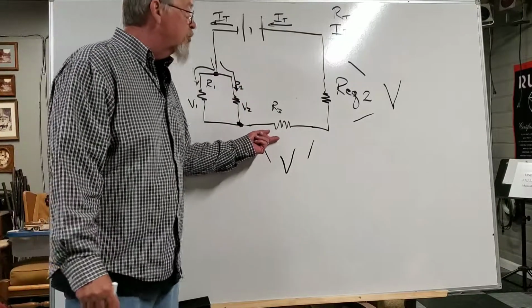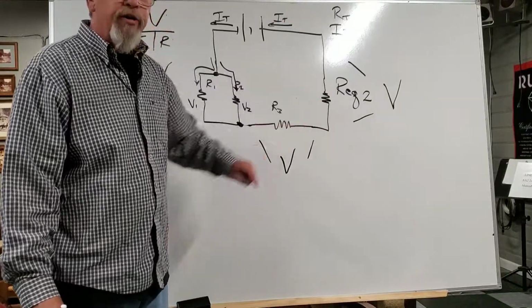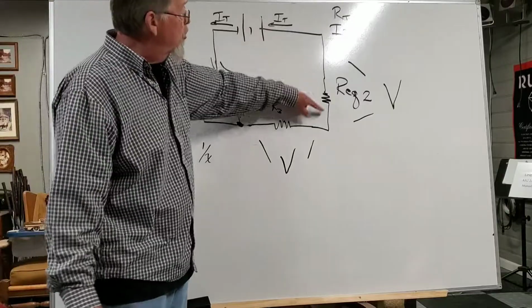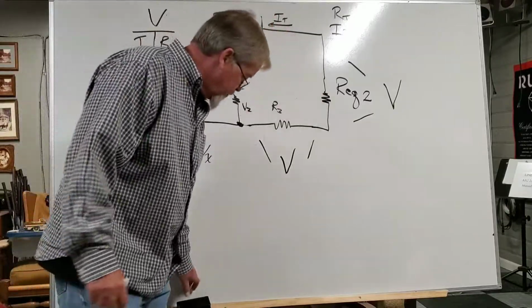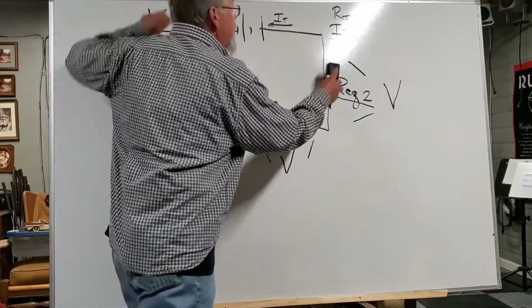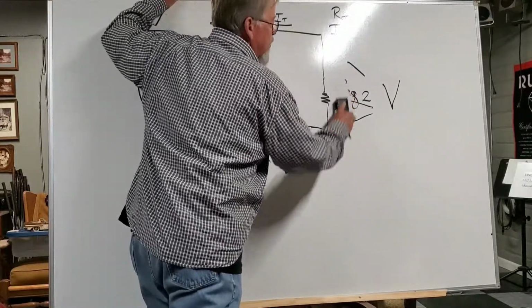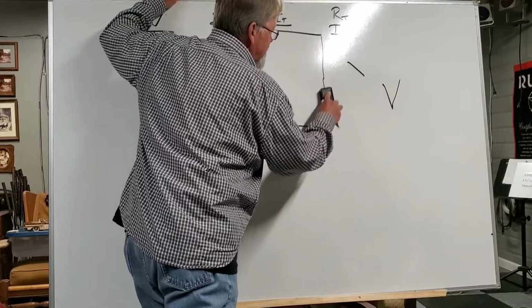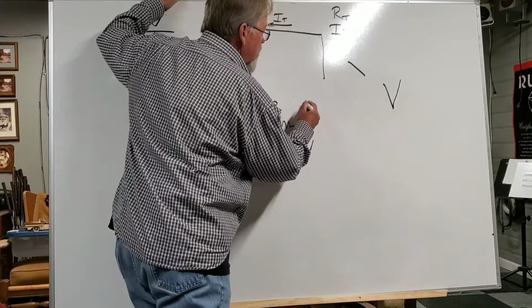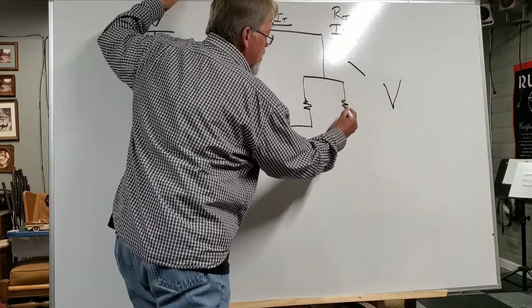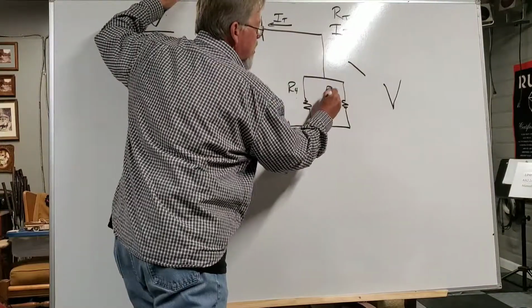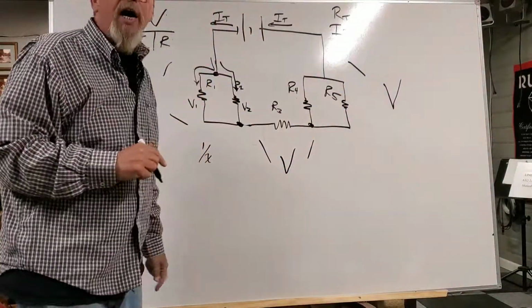I already know the voltage across 3. Then REQ2, I can do it the same way as I did REQ1. I can take that total current, multiply it times the equivalent resistance, and find the voltage across that equivalent resistance, which we know consists of R4 and R5.